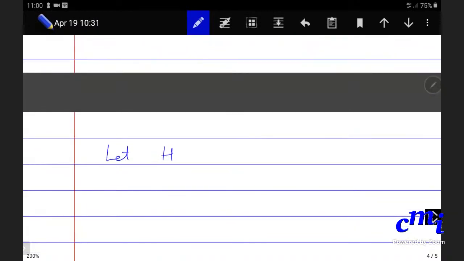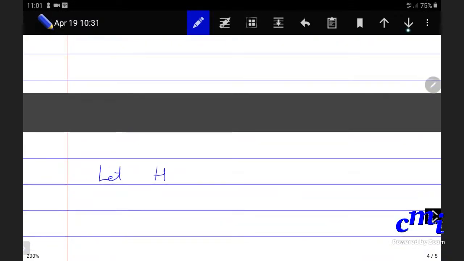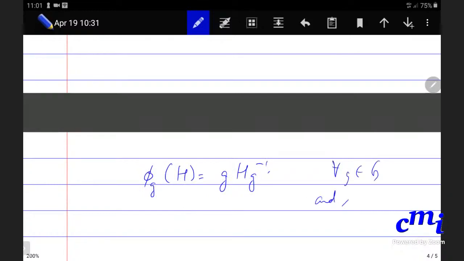So what is the action? Phi G of some subgroup H is its G conjugate, for all G inside G and subgroups H of G.